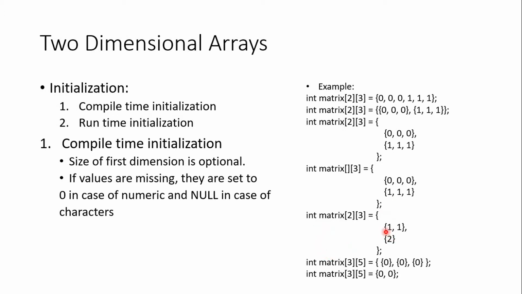If there are some missing values in the compile time initialization, then they are initialized with 0 in case of numerics and a symbolic constant NULL in case of characters. There are more generalized forms to initialize a two-dimensional array at compile time.